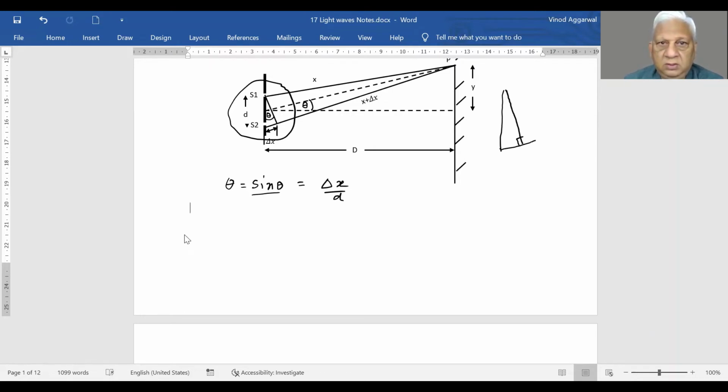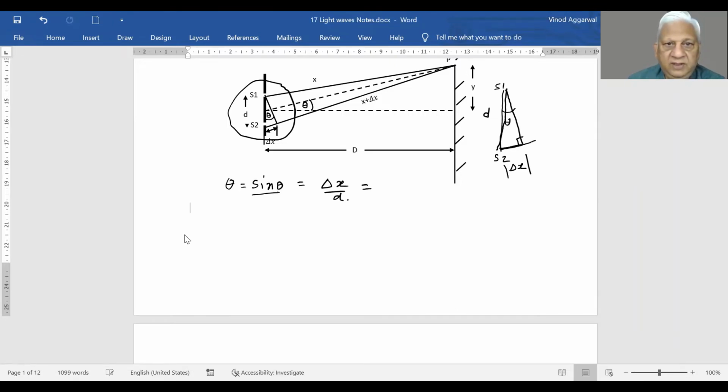This is S1, this is S2. This is D, sorry. And this portion is our delta x. So sine theta can be defined as, this is theta, sine theta will be defined as perpendicular upon the hypotenuse, which is delta x by d.